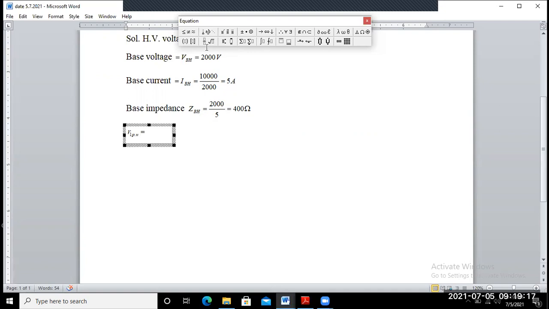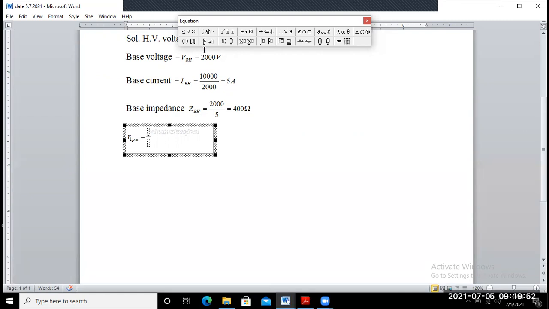So the actual value of the resistance of the high voltage side, or you may directly write here R1, that means resistance of the high voltage side in ohm, divided by base impedance.